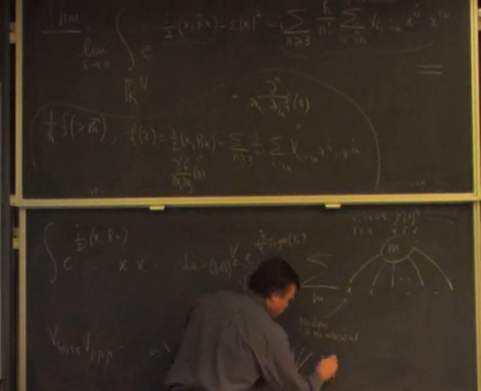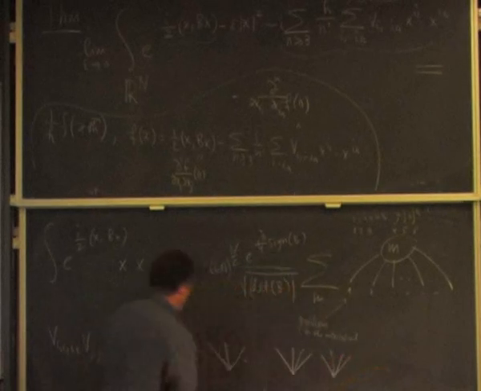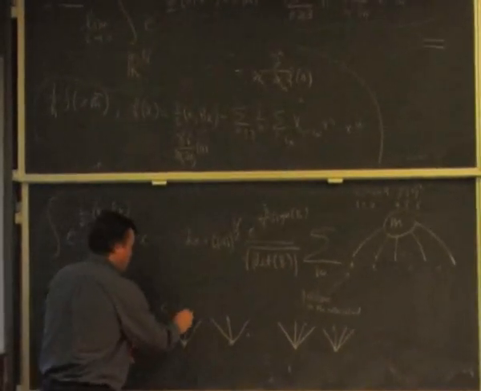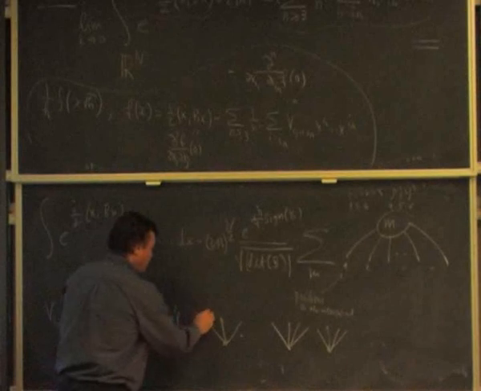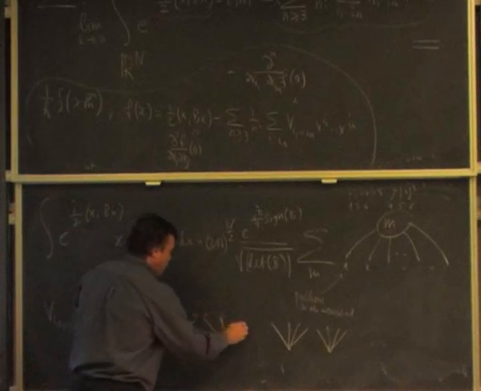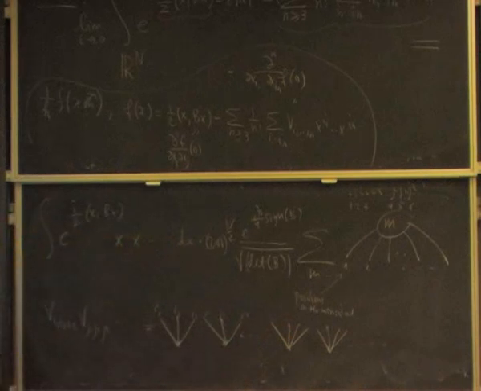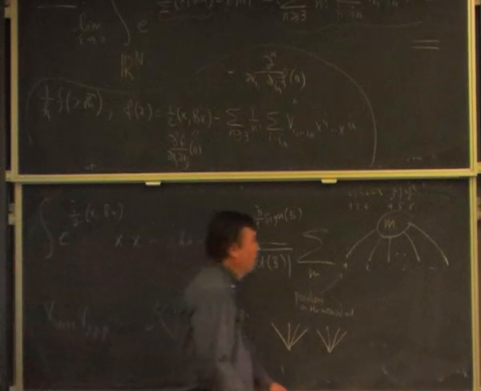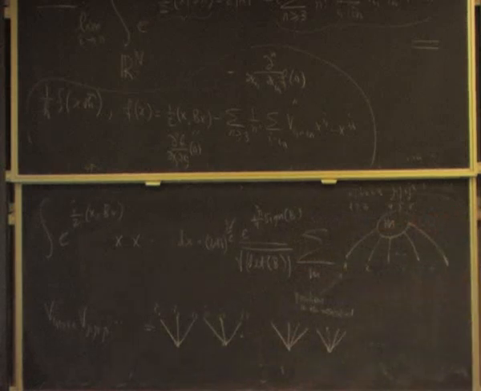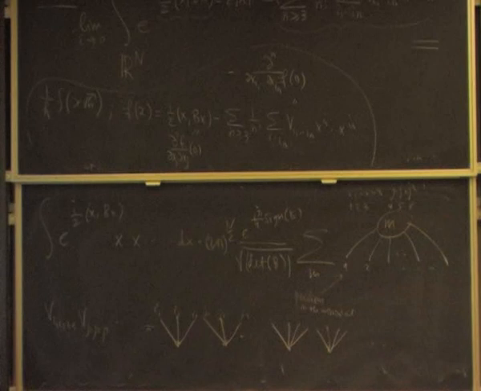The collection of stars of vertices. So here I'll have the indices i1, i2, i3, j1, j2, j3, and so on. And then the resulting expression for this integral, let's say this is I with n3 and n4.